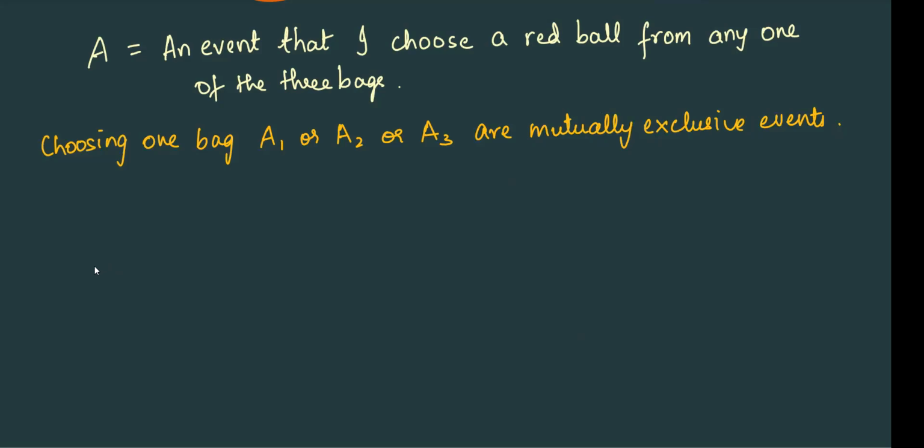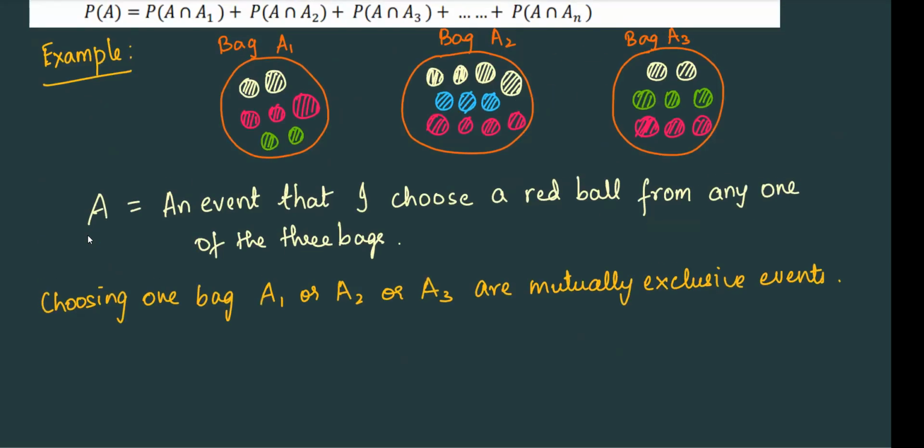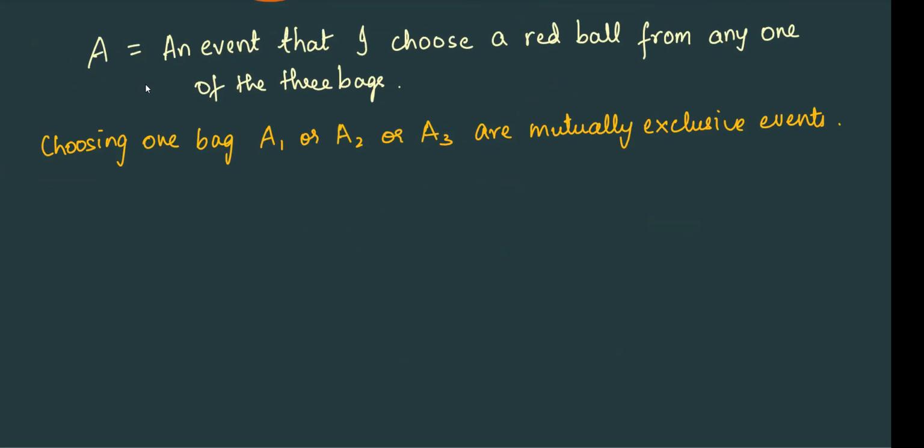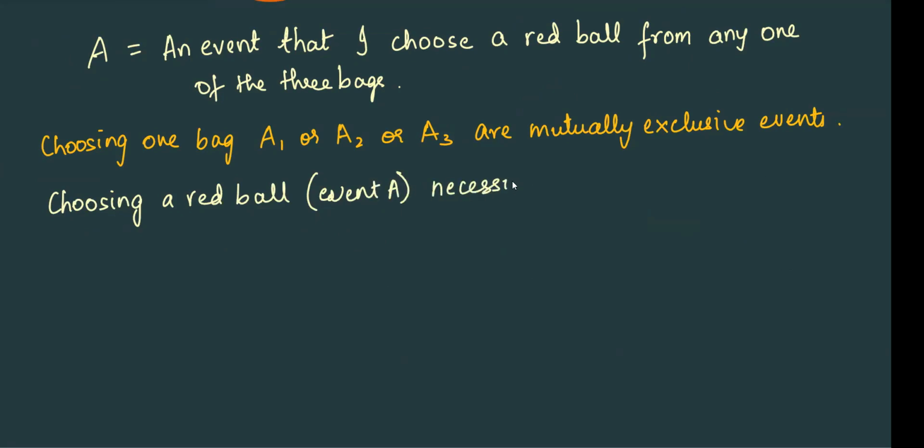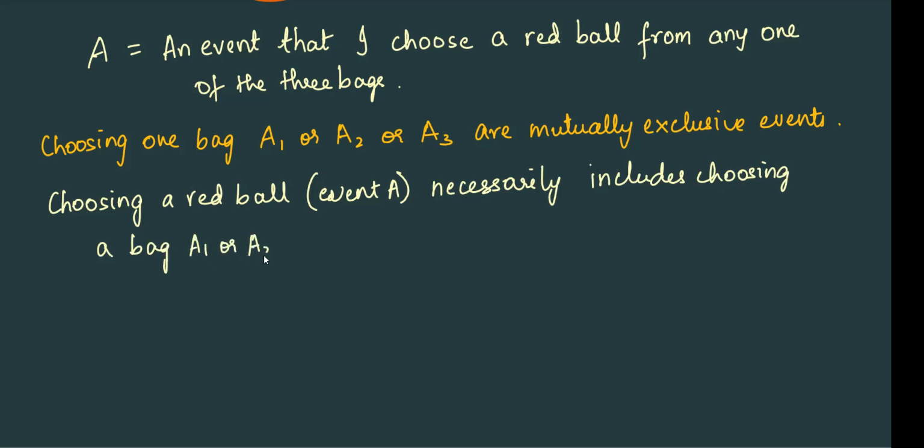So choosing a red ball, this is event A, necessarily includes choosing a bag A1 or A2 or A3.